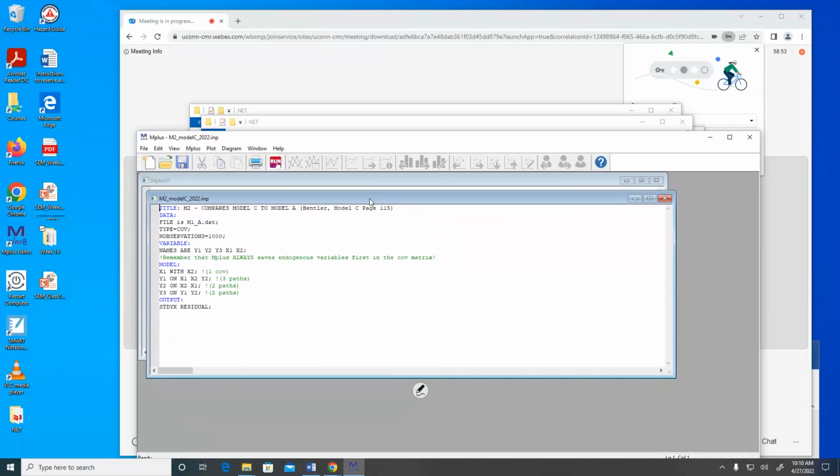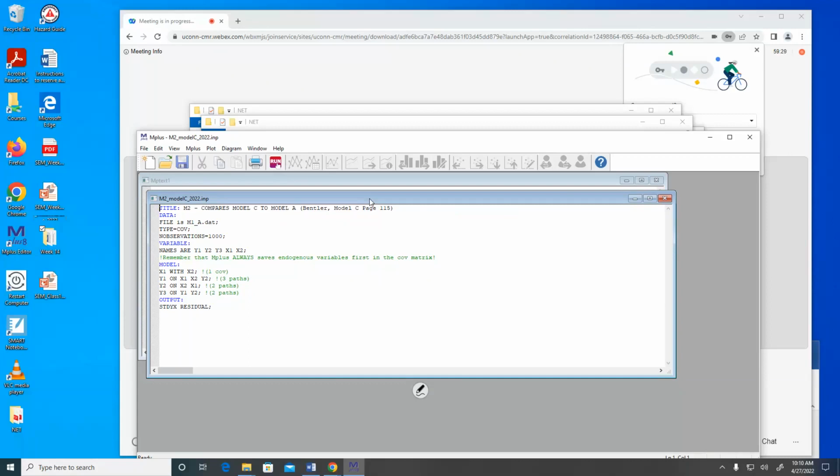Where's my picture? Yeah, here it is. I had a correlation between X1 and Y2. I thought that was a double-headed arrow. But actually, I think it might be a path. As it turns out, it doesn't actually matter whether it's a correlation between X1 and the disturbance of Y2, or a path from X1 to Y2, because those two models are statistically equivalent. So whether I make that a path or a covariance, I'm going to get the same answer here.